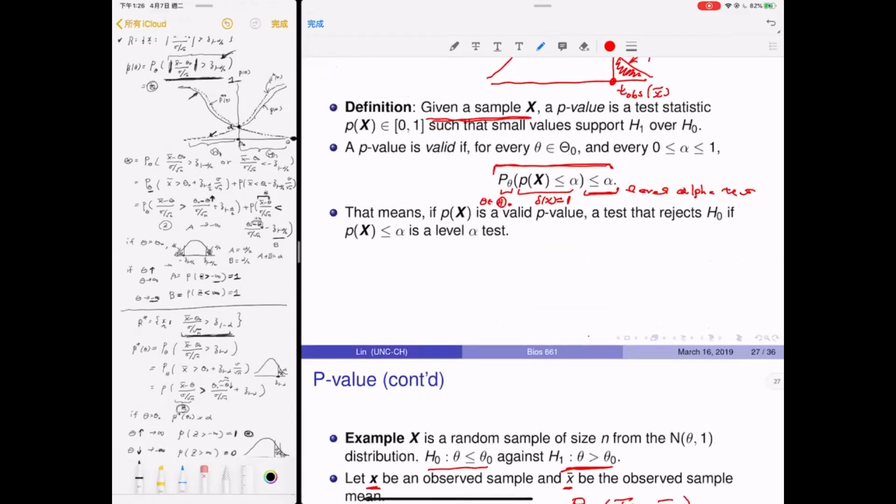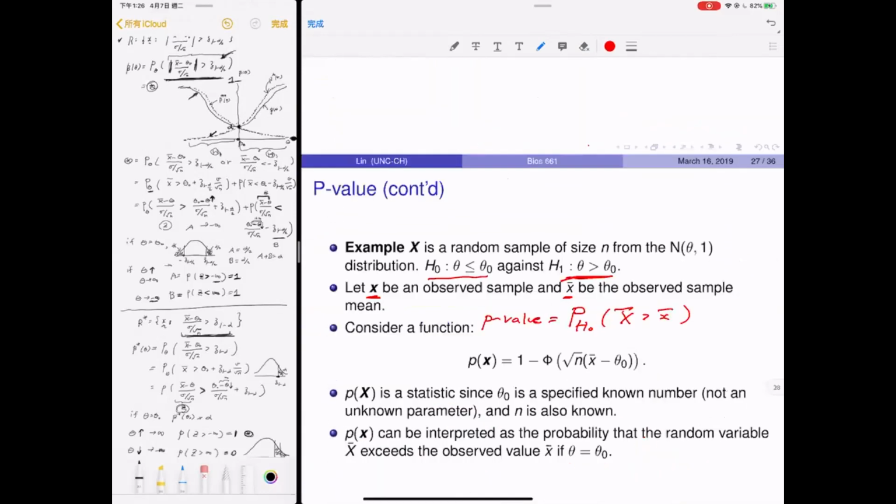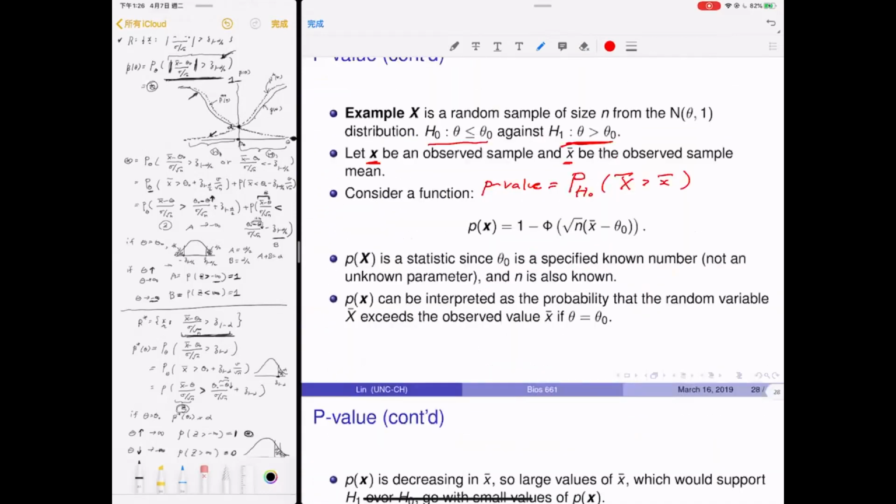The formal definition of p-value, actually, you need to put supremum right here, because your null space has a lot of points. So you actually want to do supremum because this is basically the largest error you will make.